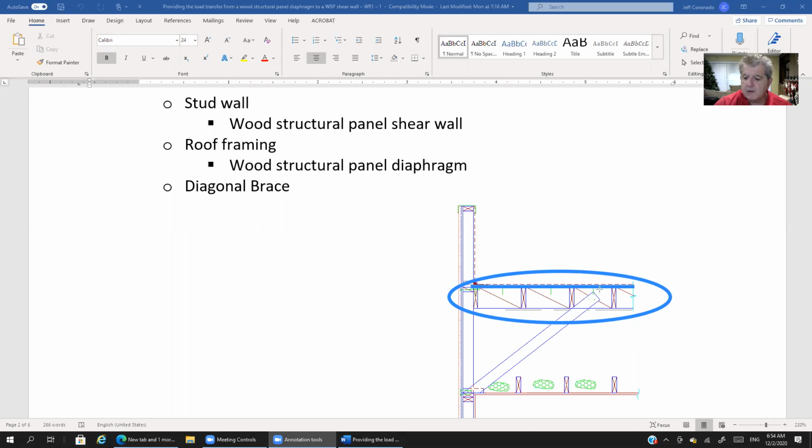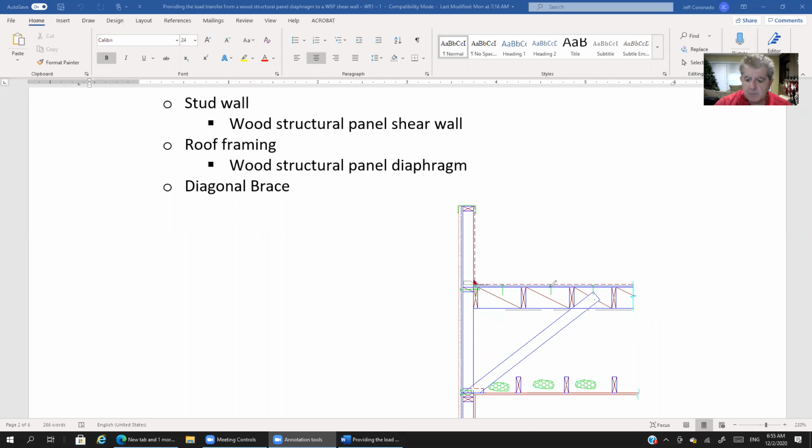And all together, the wood structural panel and these blocks right here, which are explained in other sessions in Bridging the Gap, so just search for those or drop me a note and I'll see if I can point you in the right direction, all of that is the diaphragm assembly.